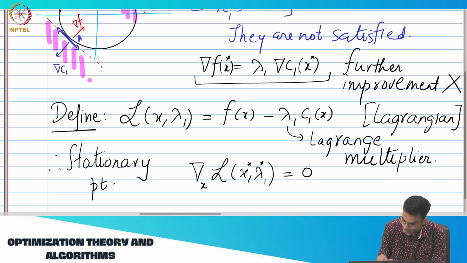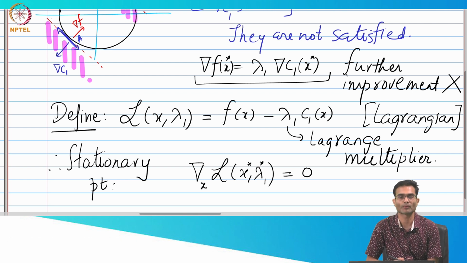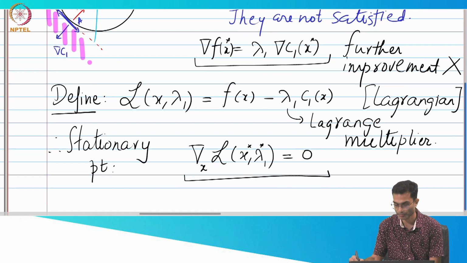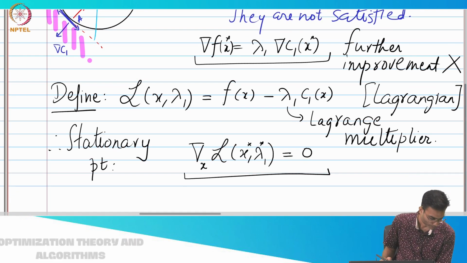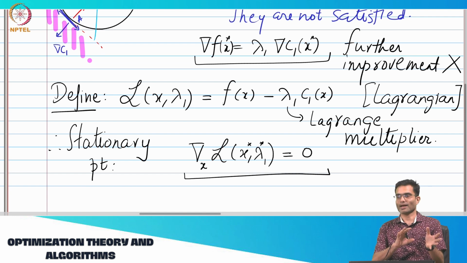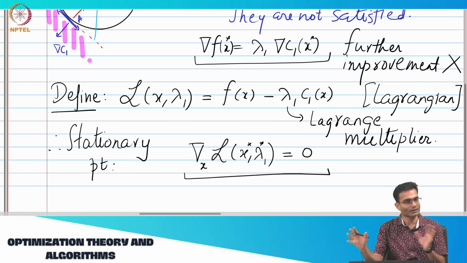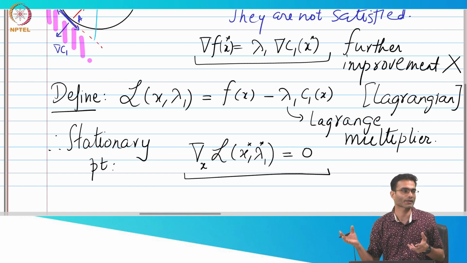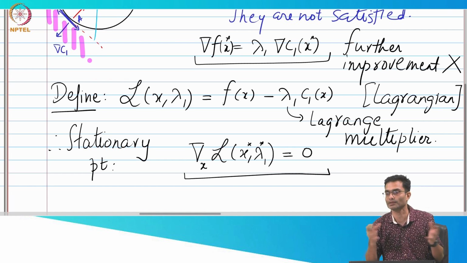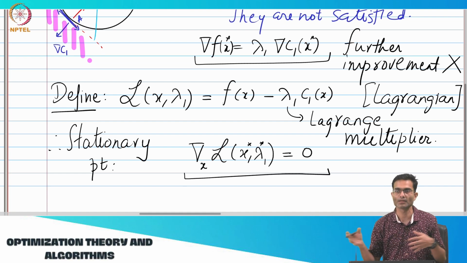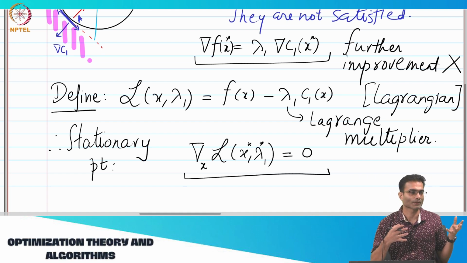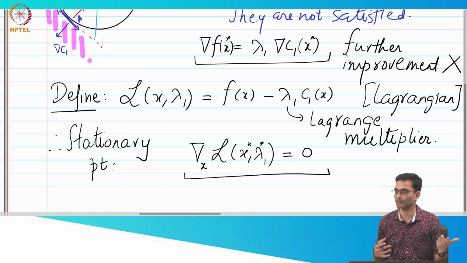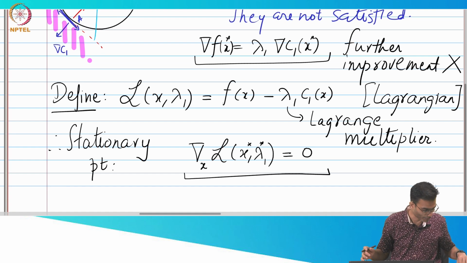And actually there will also be an optimum value of lambda. So, I am saying that this is the signature for a stationary point. Now you can see that it has a one-to-one symmetry with unconstrained optimization and the first order condition. The first order necessary condition for unconstrained optimization was grad f equal to 0. The first order necessary condition for constrained optimization is grad Lagrangian equal to 0. So, it is on even footing.